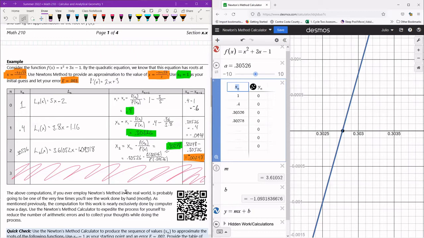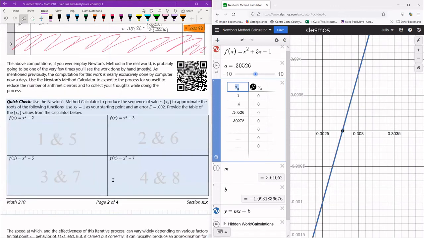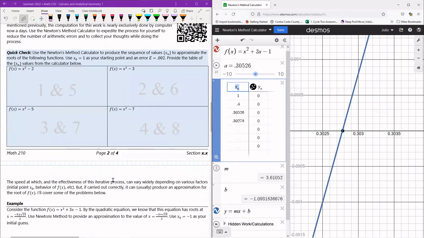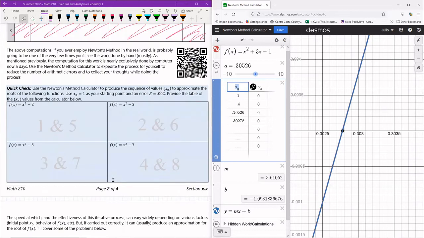Okay, so what I want everybody to do now, this is the quick check part, okay? I have a couple functions here, and I want you guys to find the roots of them. And I want you guys to find the roots with the Newton's method calculator, okay? Don't make it too difficult on yourselves, please. Use the calculator.